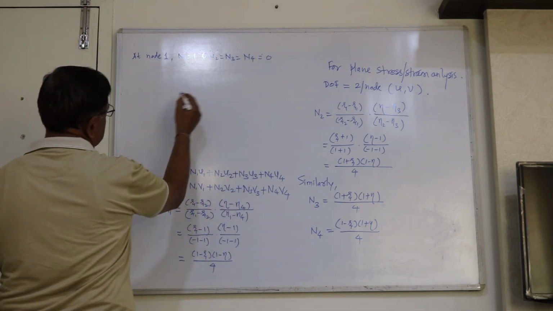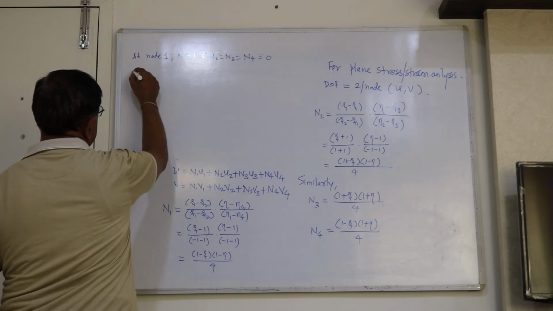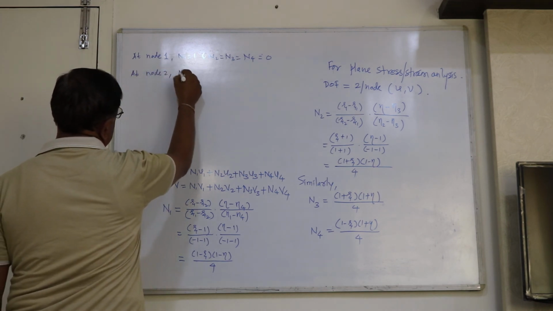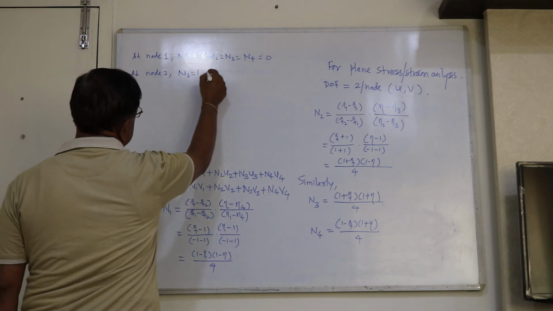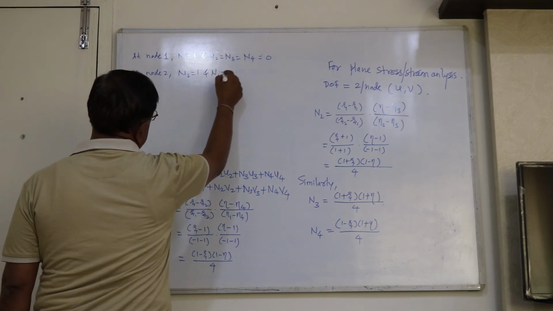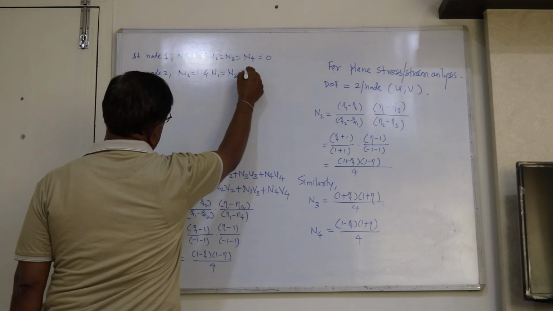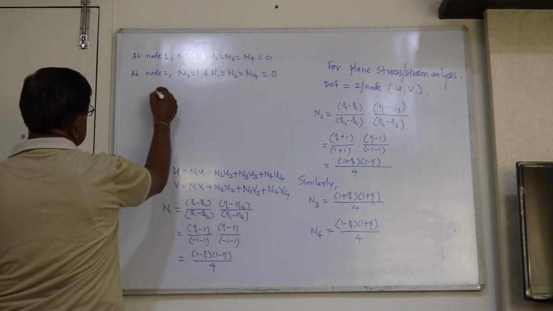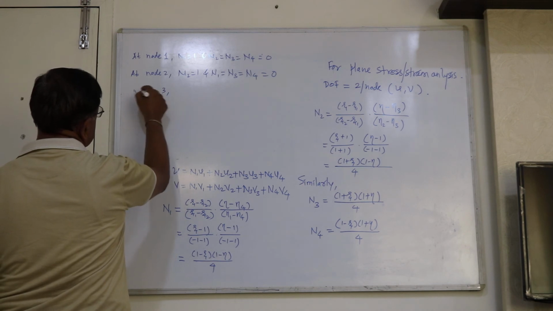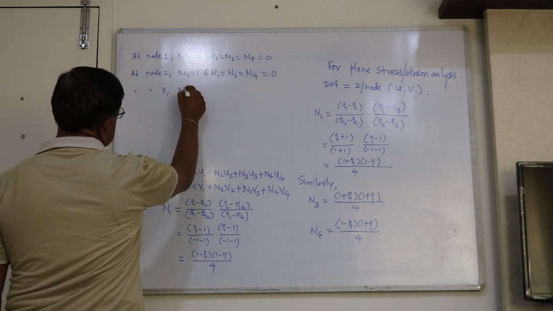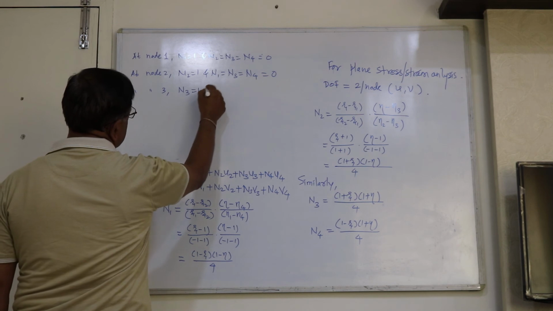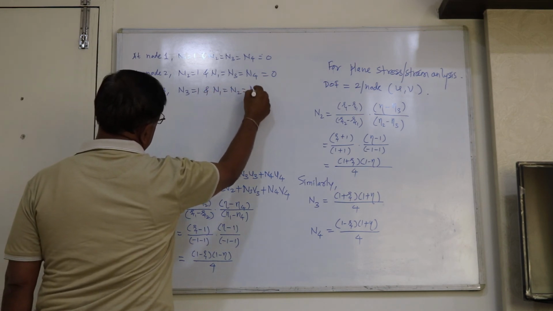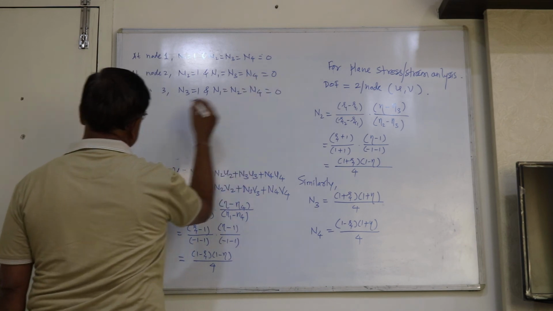Now we can plot this. Similarly, at node 2, N2 is 1, and N1, N3, N4 are 0. Then at node 3, N3 is 1, and N1, N2, N4 are 0.